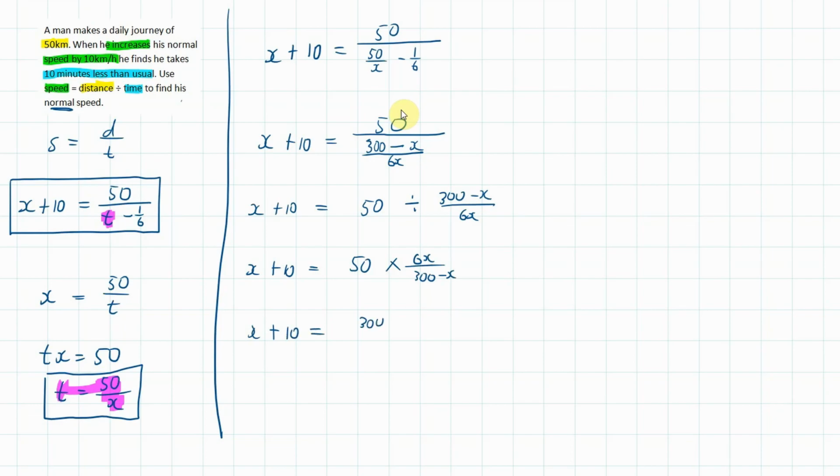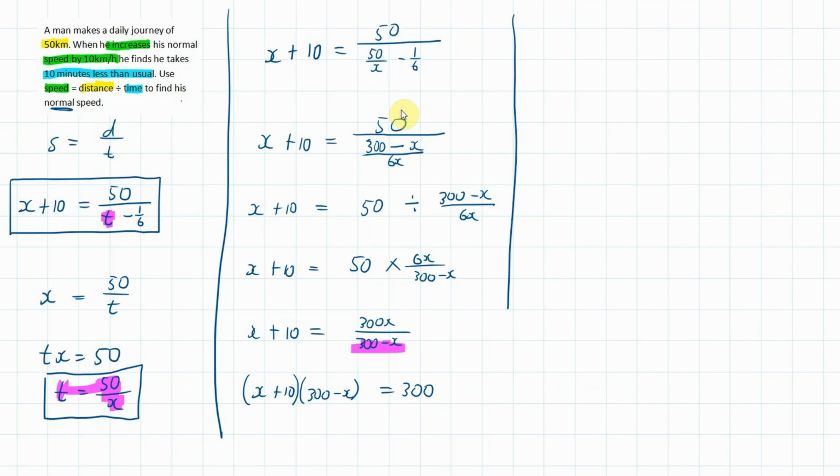In the next line, I'm going to expand that out. So I'll get 300x, 50 times 6, over 300 minus x. Now to get this 300 minus x to the other side, I'm going to multiply both sides by 300 minus x. So I'm going to get x plus 10 times 300 minus x equal to 300x.